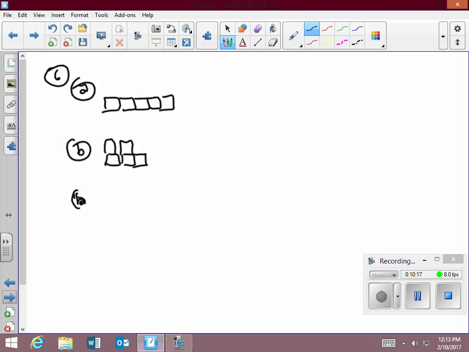C is generalize it to the above. So 5A, maximum perimeter, but it's 8 sides, so it's going to be laid out 8 long.